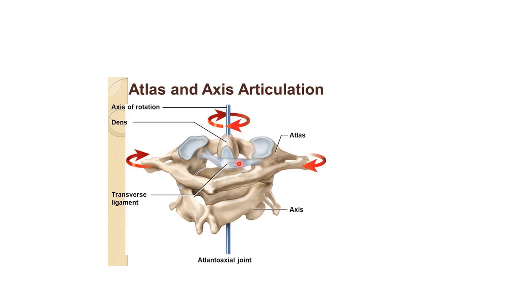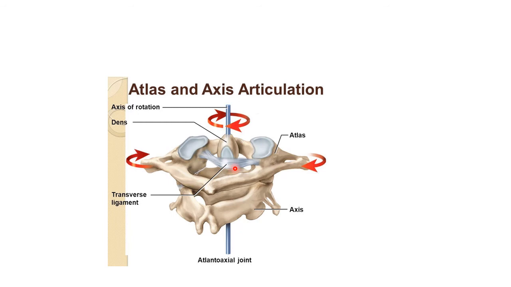So this is the median atlanto-axial joint. The articular surfaces are on the odontoid process of the axis, the anterior arch of the atlas and the transverse ligament of the atlas.